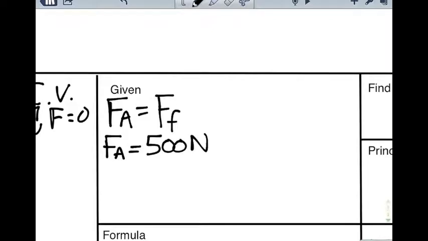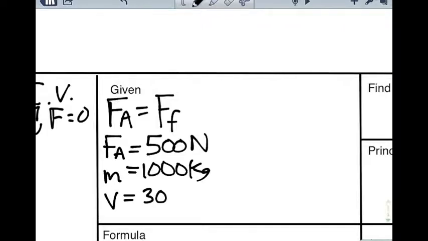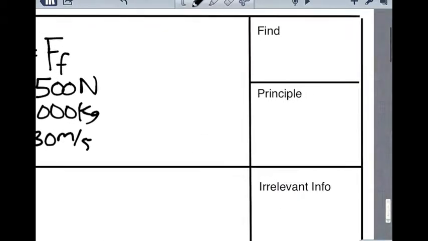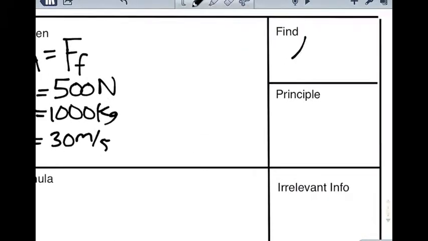We have a 1,000 kilogram car, moving at a constant velocity of 30 meters per second. With that information, let's look at what we're trying to find. We are trying to solve for the coefficient of friction.